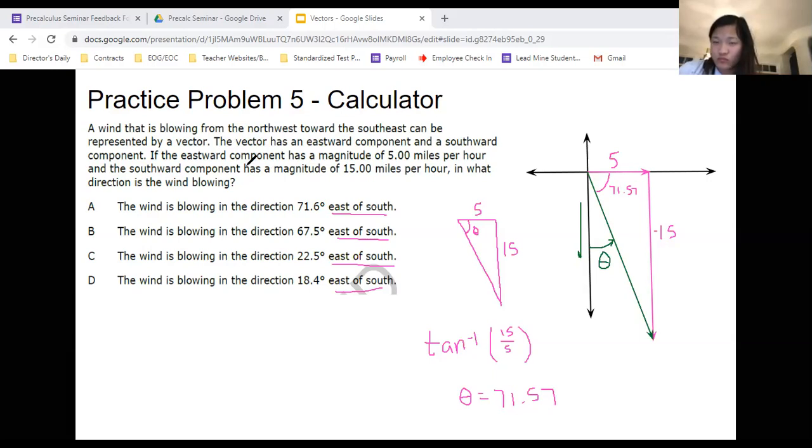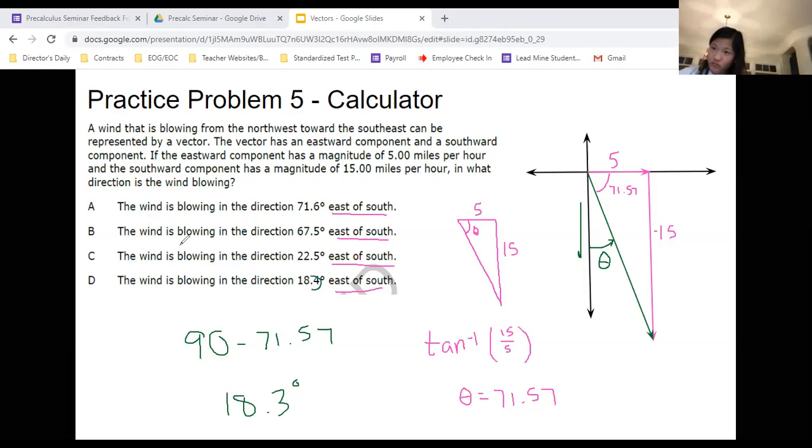Now again, that is not the angle that I'm actually looking for. I'm looking for this green angle right here. To find that angle, I'm going to do 90 minus 71.57, to get, well, we get 18.3 degrees, but that's just a round-off error.